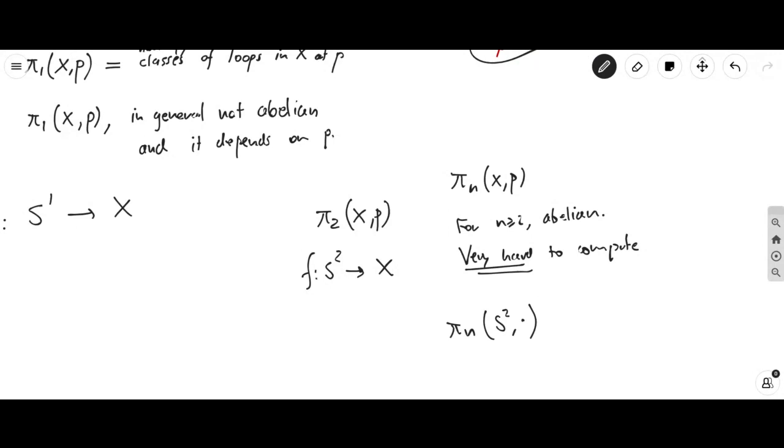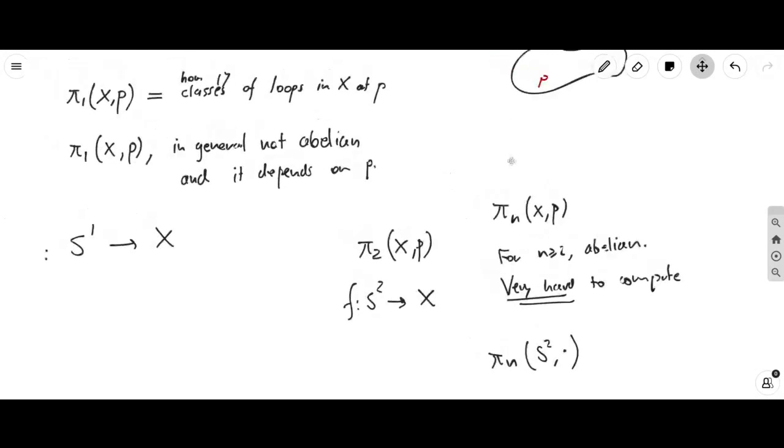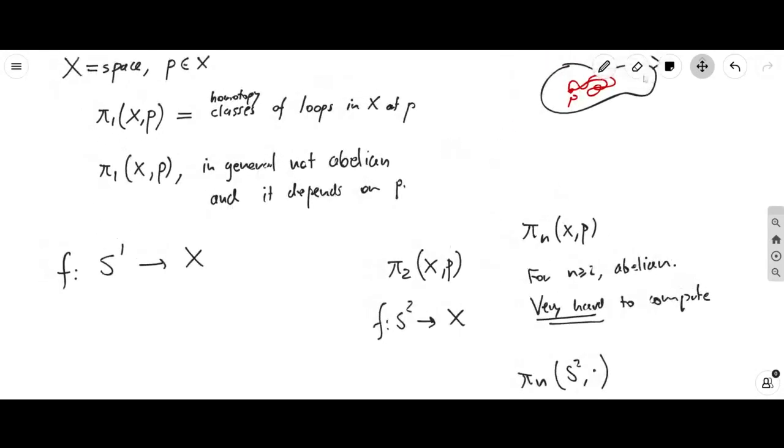So if it's that hard to compute these groups, even for a sphere, that should give you an idea of just how difficult it is to work with. And usually most courses, in fact, I would say every course in algebraic topology, never discuss this. That's a more specialized type of topic that people learn if they decide to become a specialist in topology and go further.